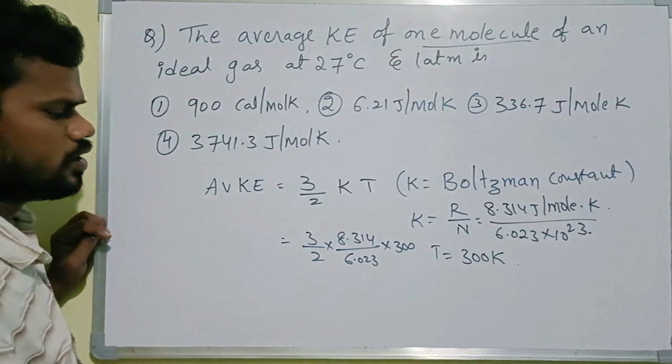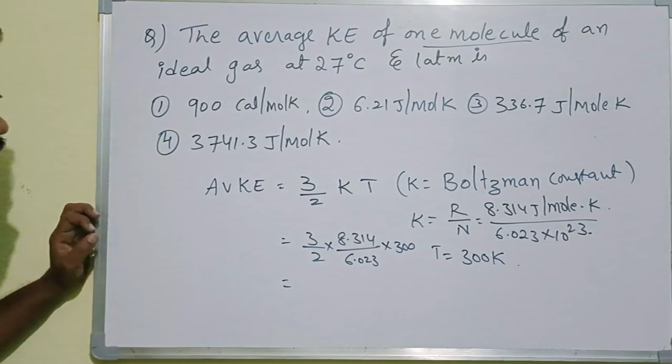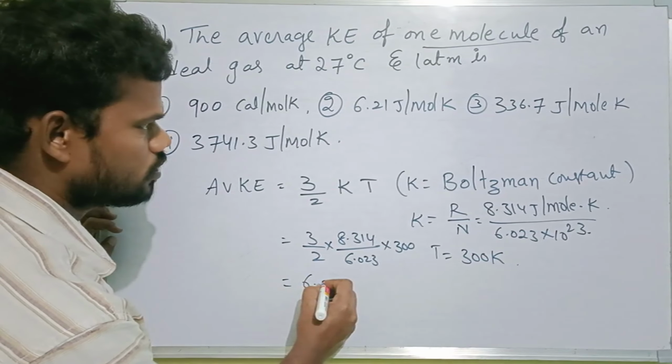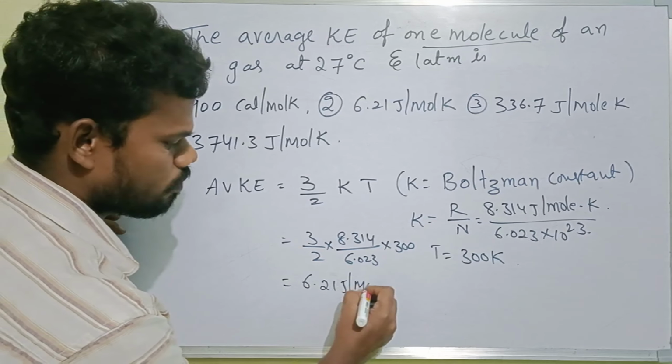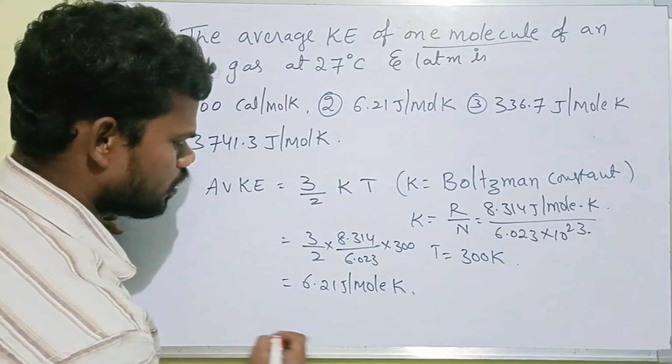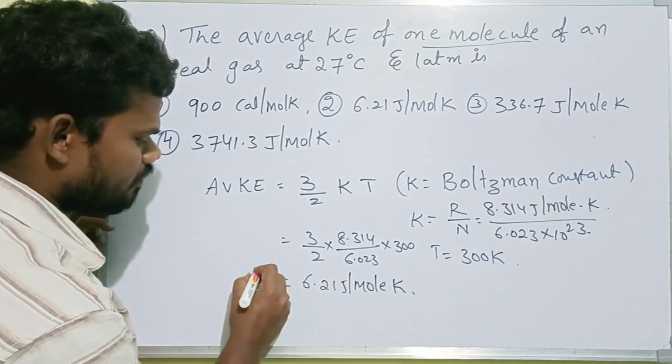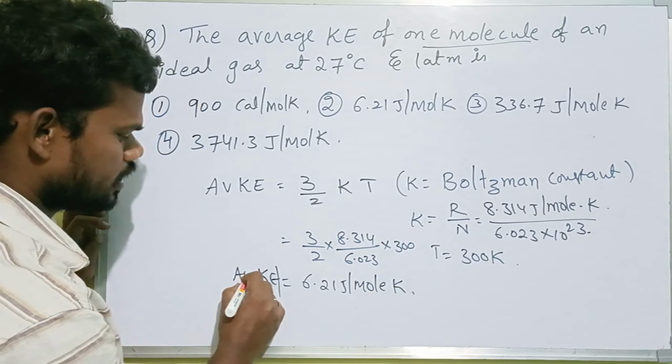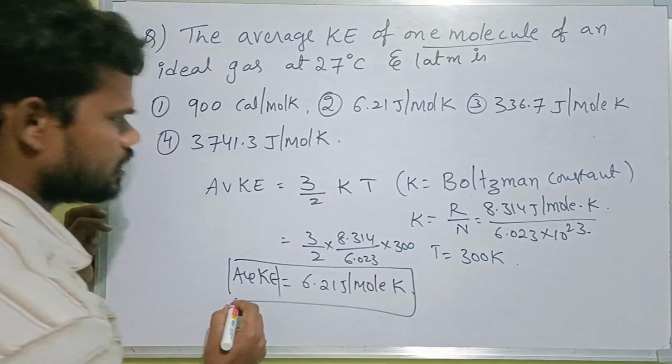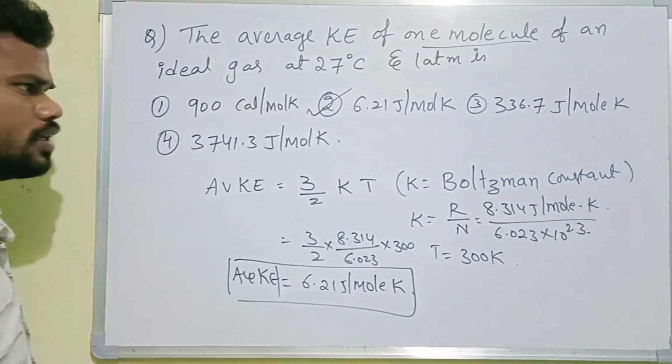If we calculate all this, we get 6.21 joule per mole Kelvin. This is the average kinetic energy, and the second option is correct.